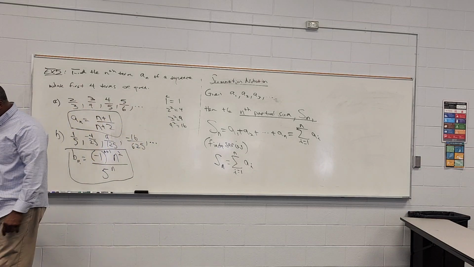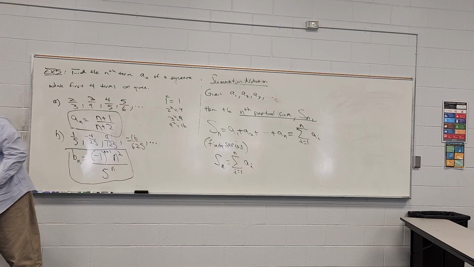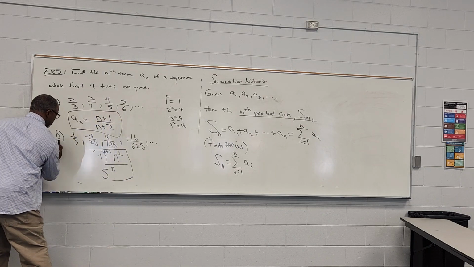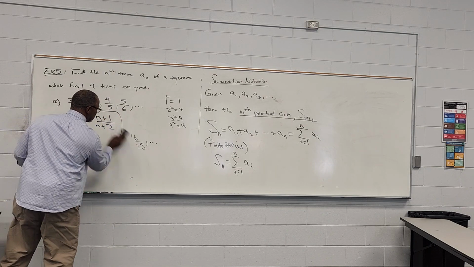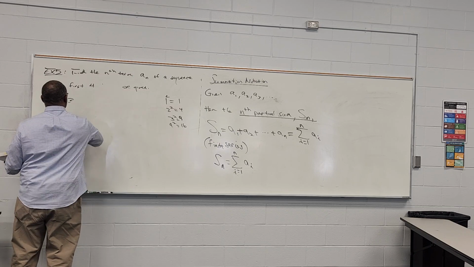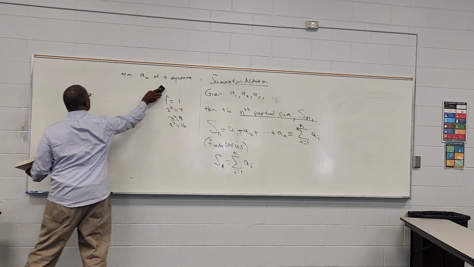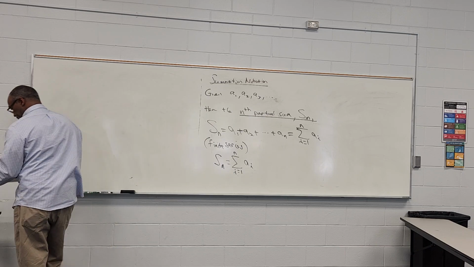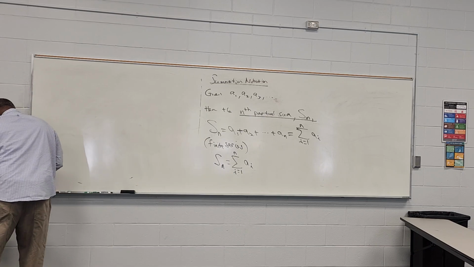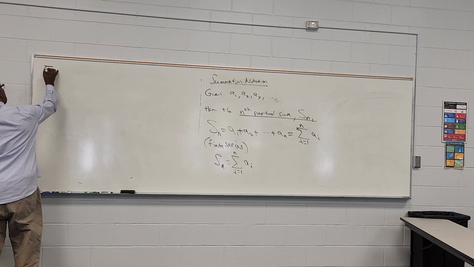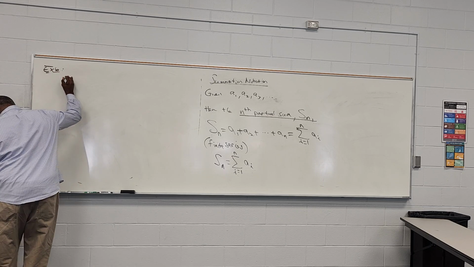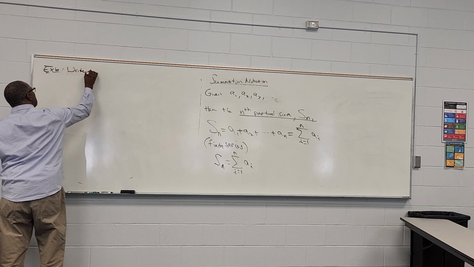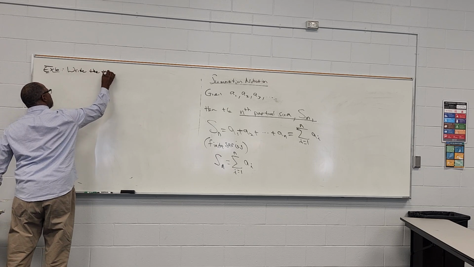All right, let's see if we can understand this series notation. So we're at example 6. Let's make sure we understand the series notation. So example 6, this says, write the terms for each series.